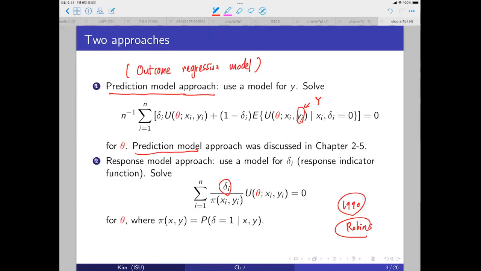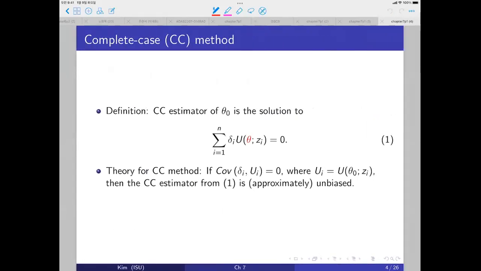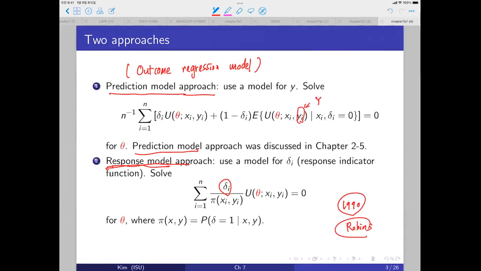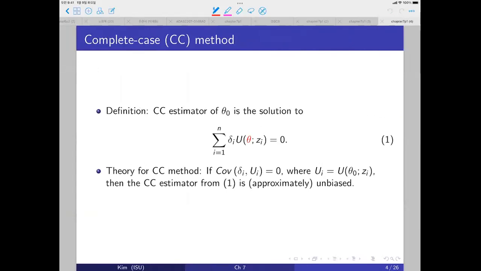Nowadays this is a very hot area of research. So this is the main focus of chapter 7, which I plan to cover in about 2 weeks, this week and next week.